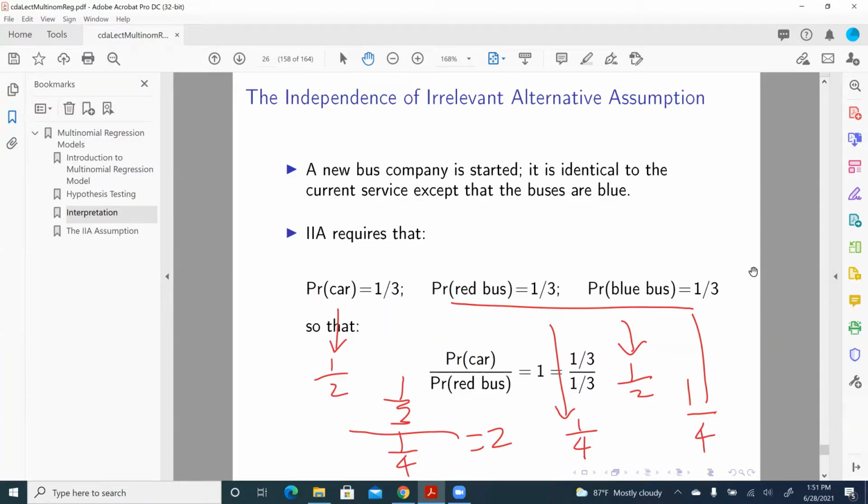Also note that until today, there is no good statistical test designed to check if the IIA assumption holds or not. There is some solution to the violation of the IIA assumption, but it's kind of complicated and requires a lot more computational power.